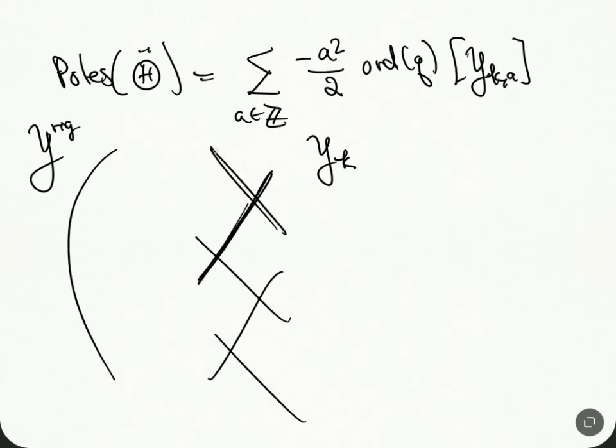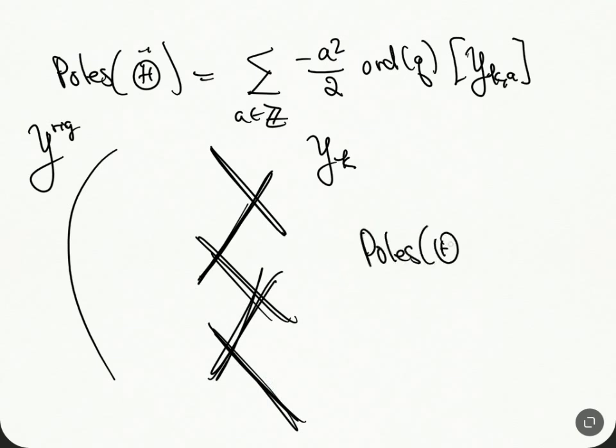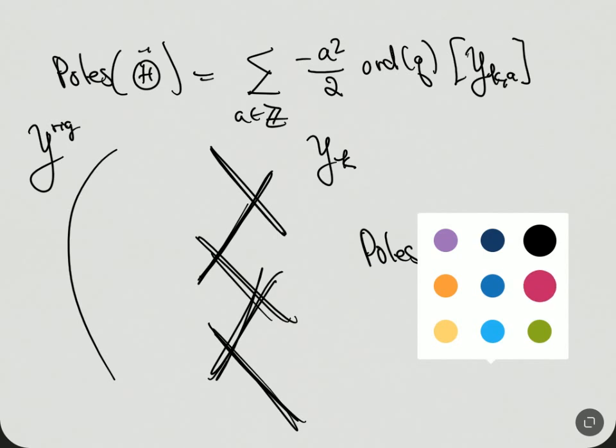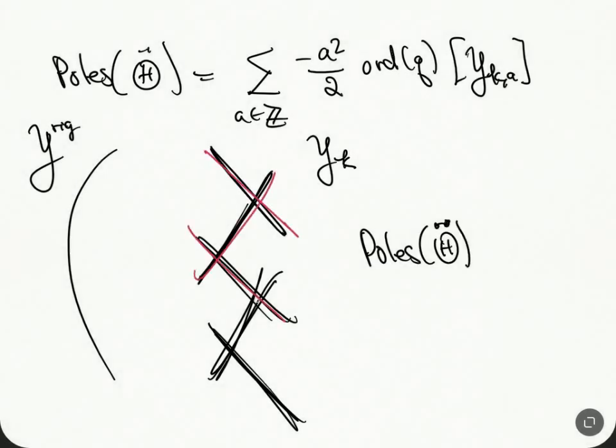So this Gaussian-like divisor is just this vertical piece here. So the poles of theta are this vertical thing, and they're Gaussian-like, with Gaussian distribution.